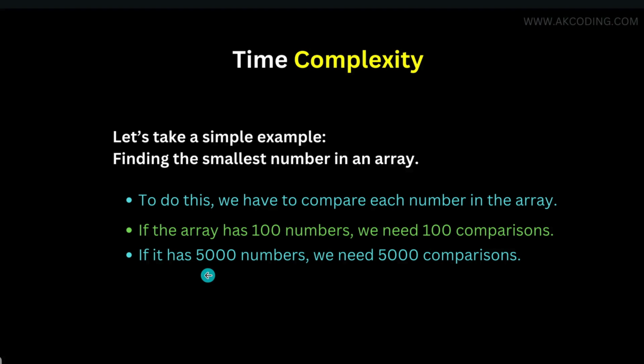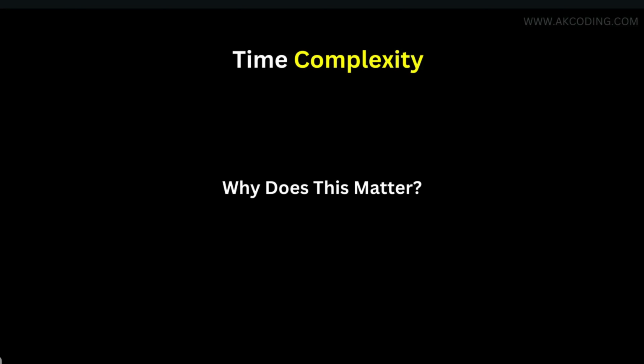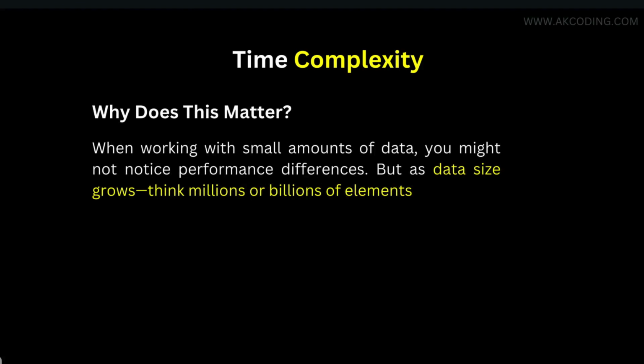If the size of the array increases up to 5000, then we need to compare 5000 times to find the smallest number in the array. Why does this matter? Well, when we are working with a small amount of data, we might not notice the performance differences, but when the size grows to millions and billions of elements, then it matters.